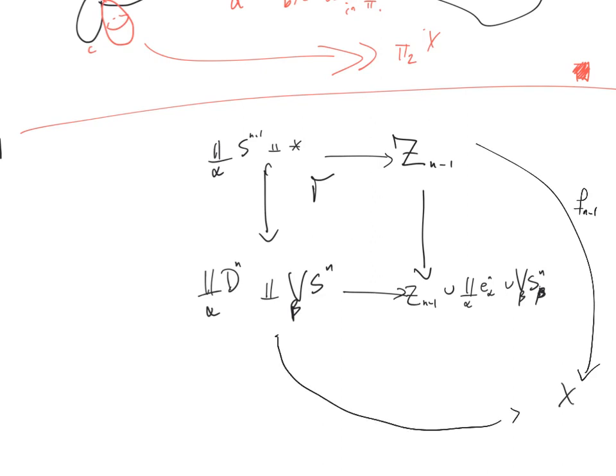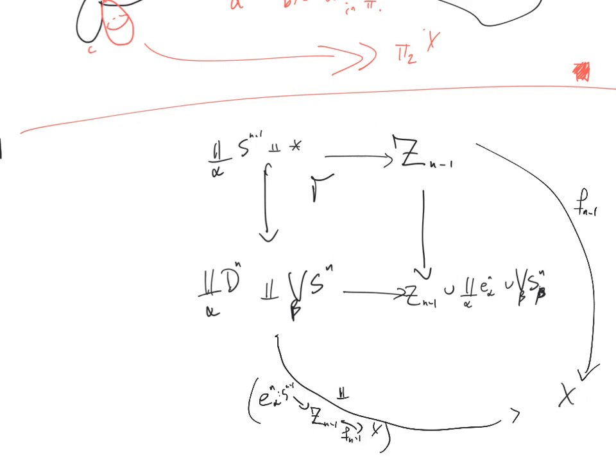So it's doing these attaching maps, the maps I called E n alpha, mapping from S n minus 1 to Z n minus 1, and then via F n minus 1 to X, because these guys lived in the kernel. So it's doing that on one half, and on the other half, it's doing just the zero.